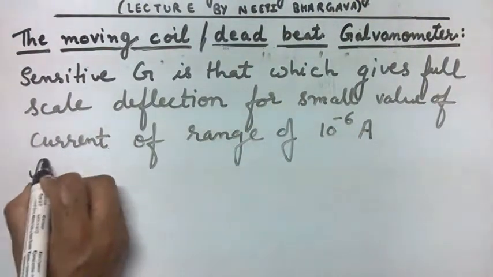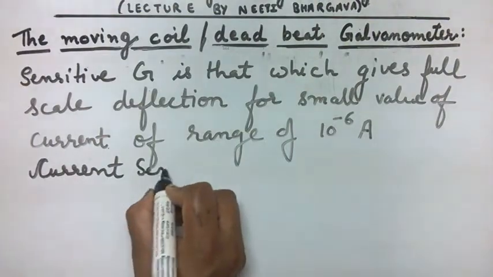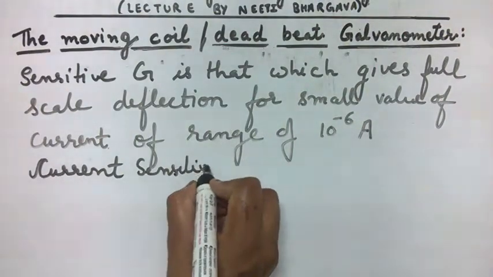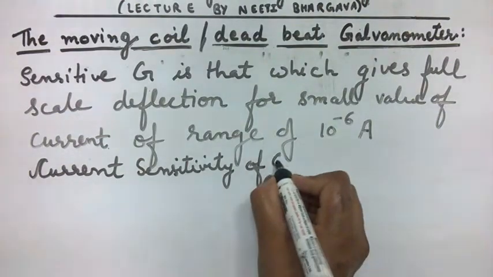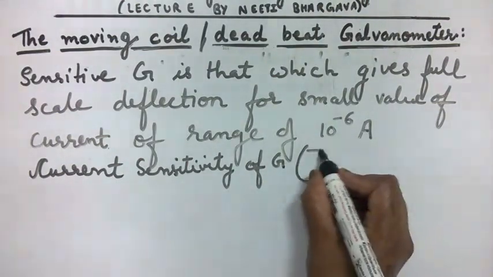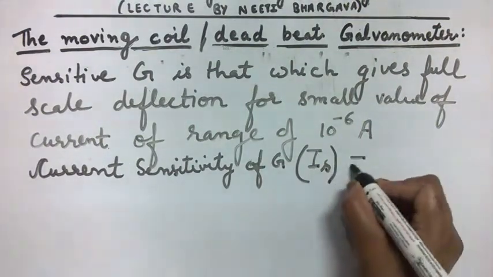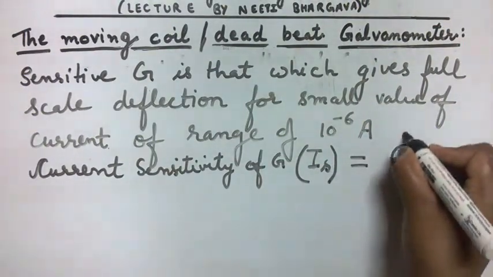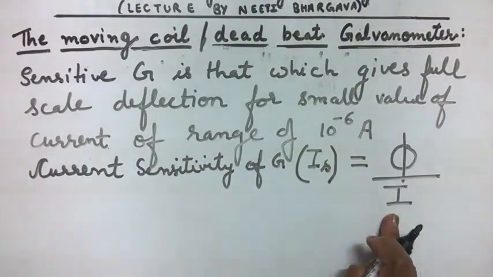Now, what is the meaning of current sensitivity of a galvanometer? It is denoted by Is, and it is equal to the deflection produced in the galvanometer per unit current flowing through it.